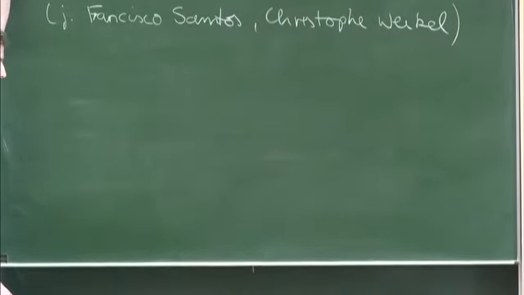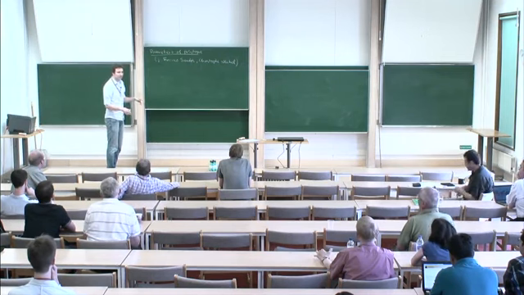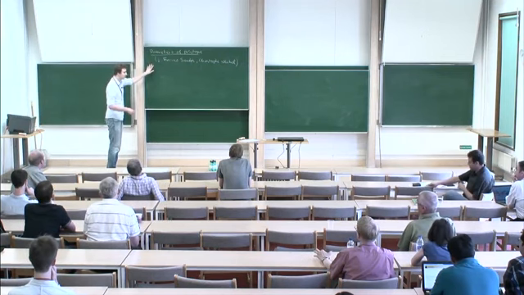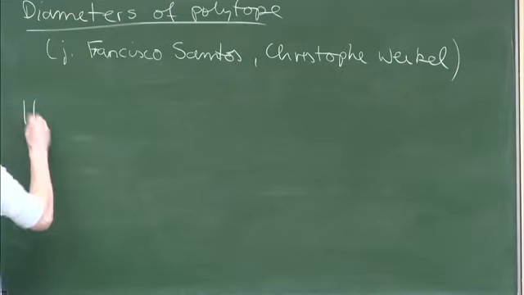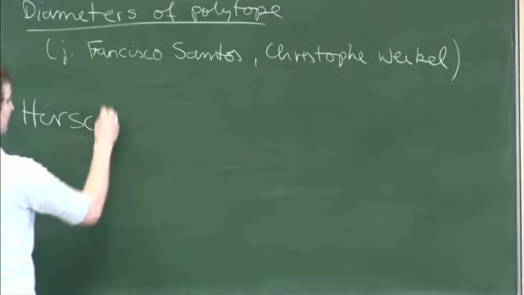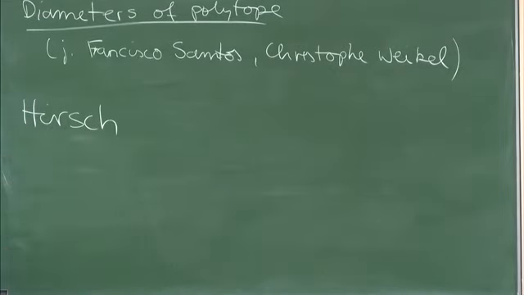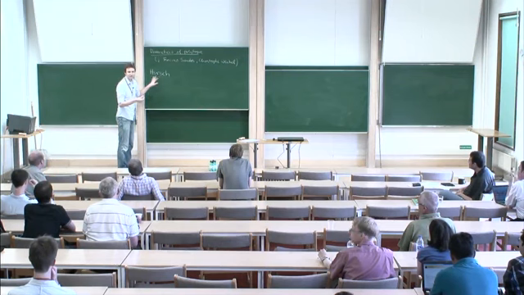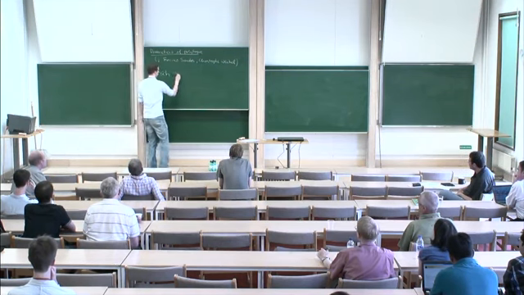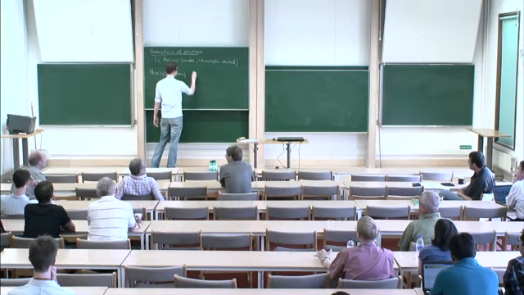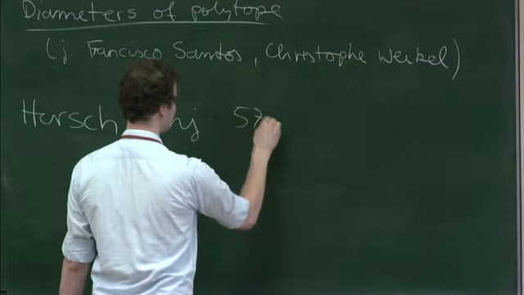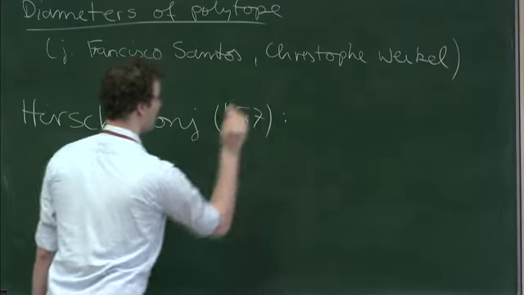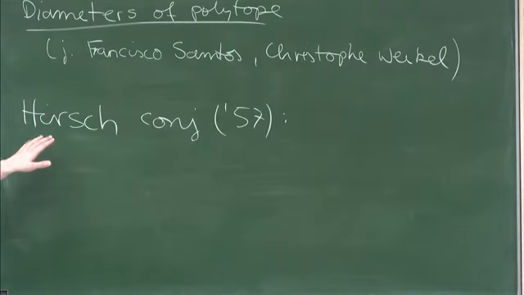And the motivating and very central conjecture in this area is the so-called Hirsch conjecture. And I guess that many of you know what this is, right? But let me still explain what it is. So this is from 1957, and it was motivated by Dantzig's simplex algorithm.